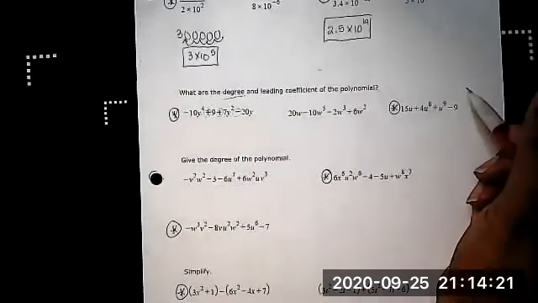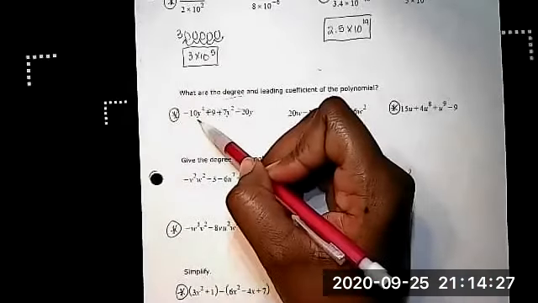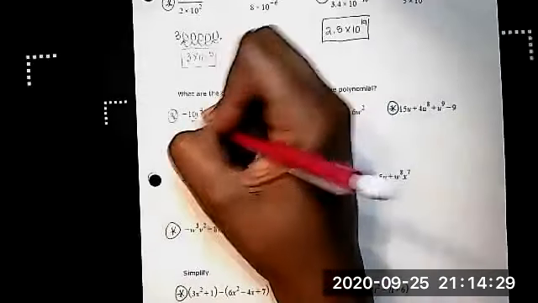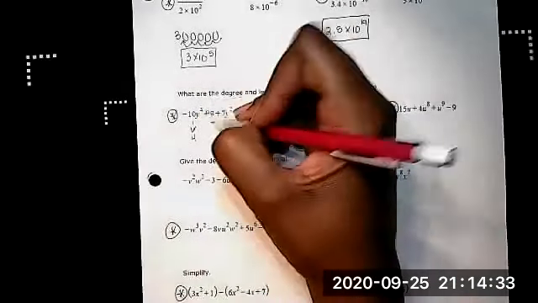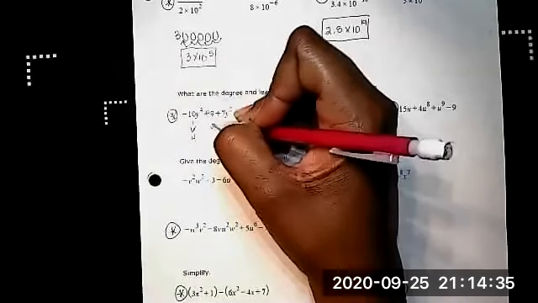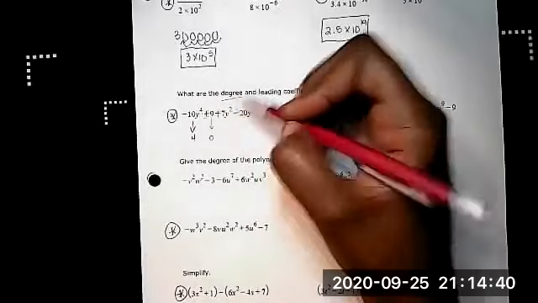The degree is basically the exponent. In this term the degree is 4. In this term there is no exponent, so the degree is 0 because it's just a 9.